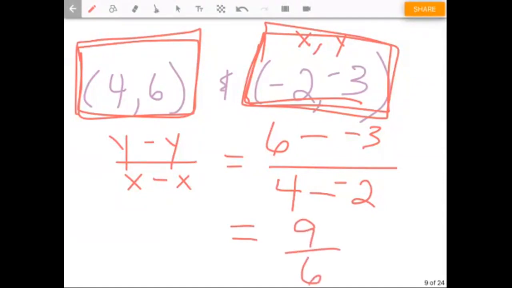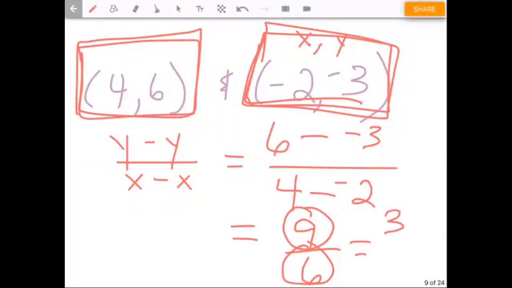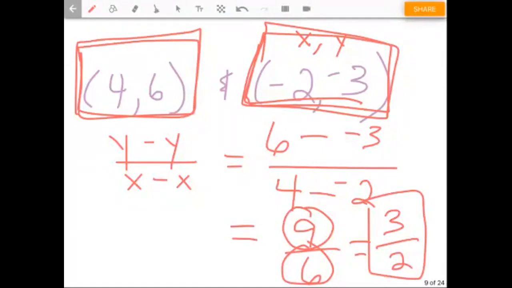And then notice we can reduce that because what number goes into 9 and 6? 3. How many times is 3 going into 9? 3. Yep. And how many times into 6? 2. Good. So that would be your slope. 3 over 2. See, some of that I can get, but some I have just a problem with it.